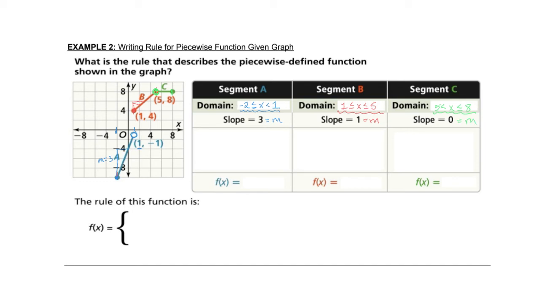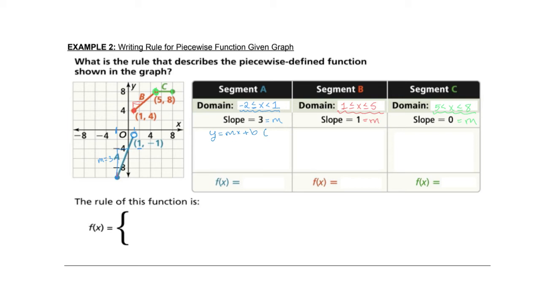Now we're going to use these slopes to figure out what our y-intercept is. We're going to use y equals mx plus b, that's our slope-intercept formula for a line. These are all just lines, they're not parabolas. So we use it to figure out our y-intercept, or our b. We pick a point on the line.